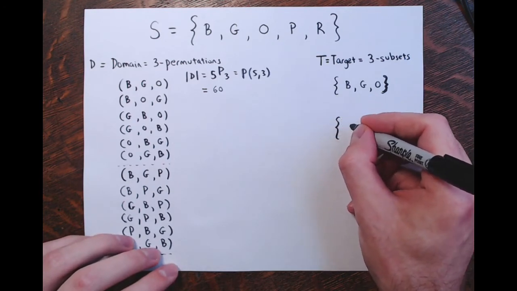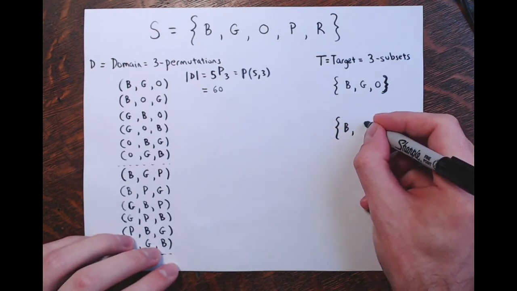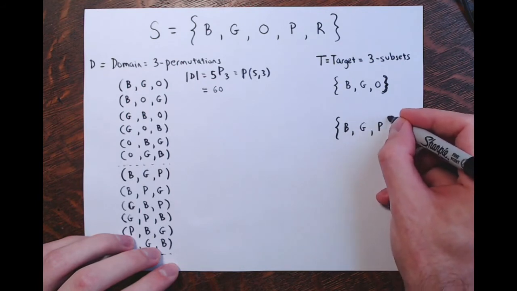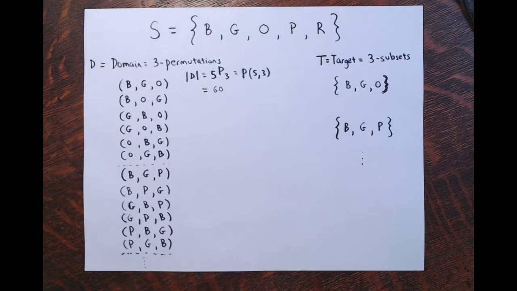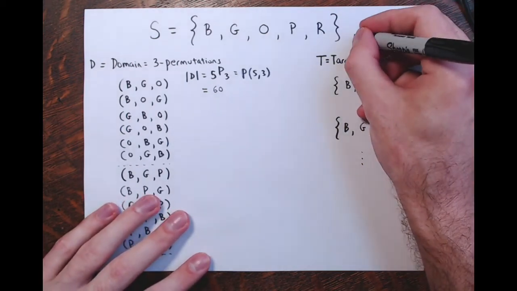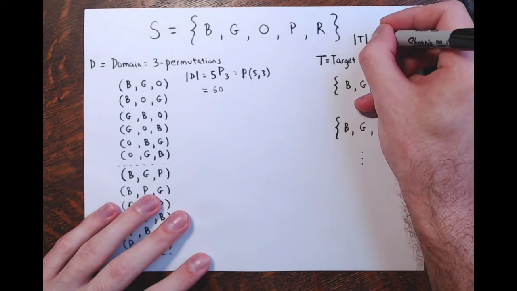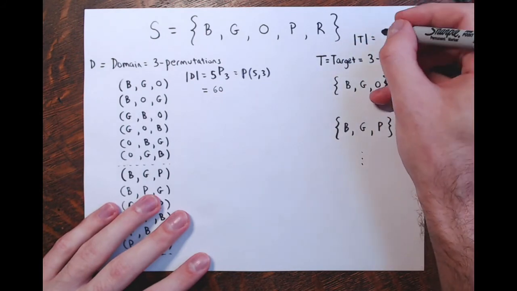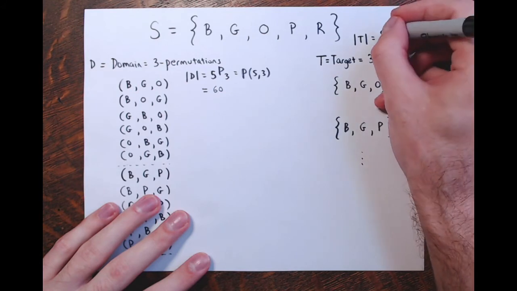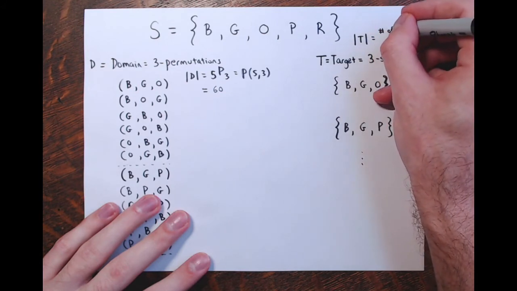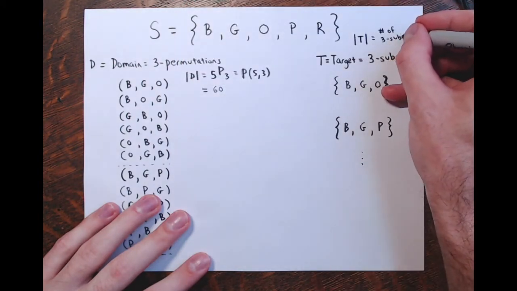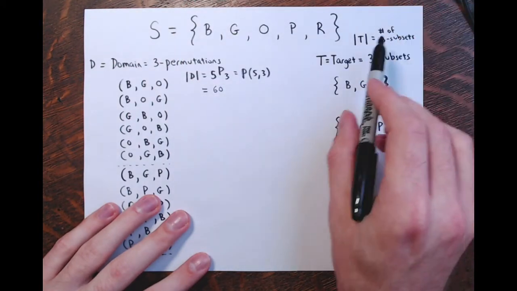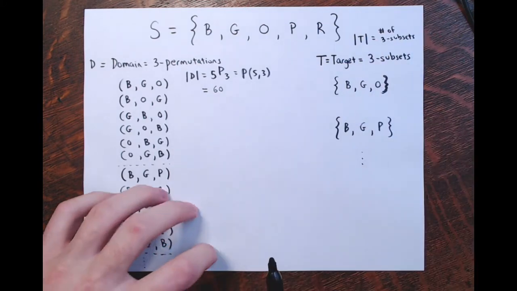And then I could have B, G, P, and more. It's going to be the same function. Now, the cardinality of the target here is the number of 3 subsets taken from S. There'll be a notation like with the P's for this. I'll write that up in a minute.